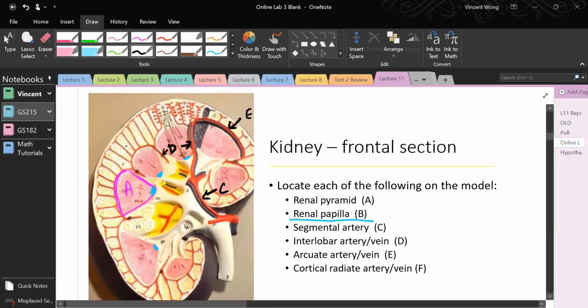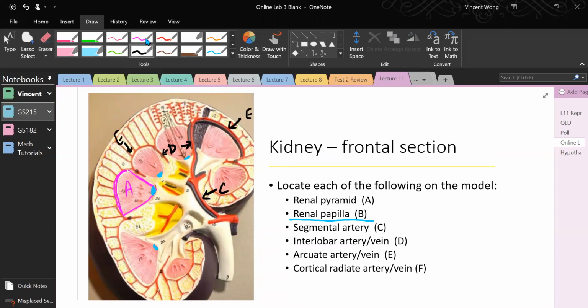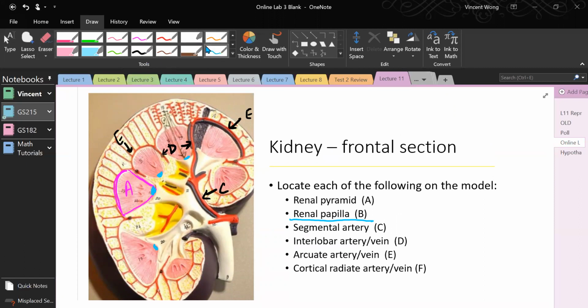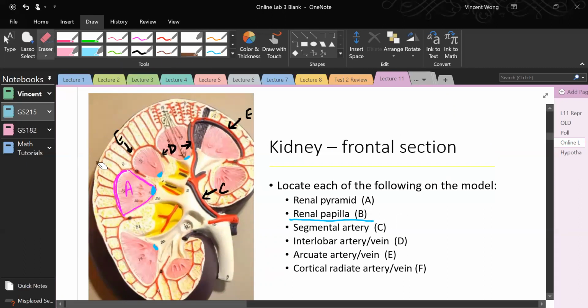Okay, outer edge. And the cortical radiate artery. That's all these things that are on the outside. All these ones that are branching off from the arcuate. All these ones.